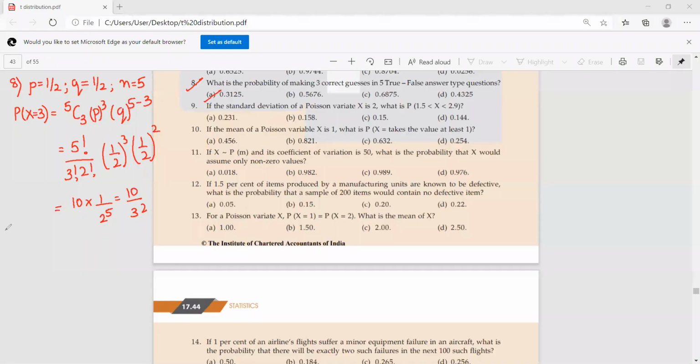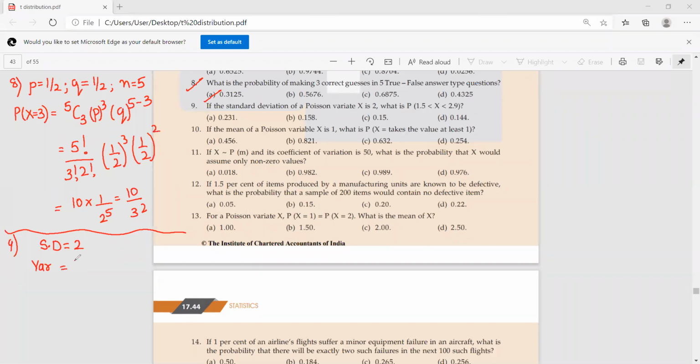So let's move ahead for the next question, that is 9th. If the standard deviation of the Poisson variate is 2, so variance is going to be 4, correct?